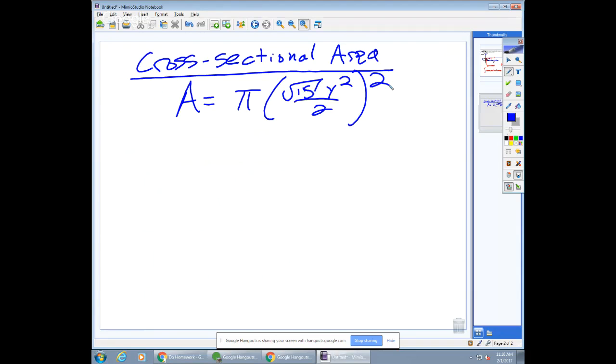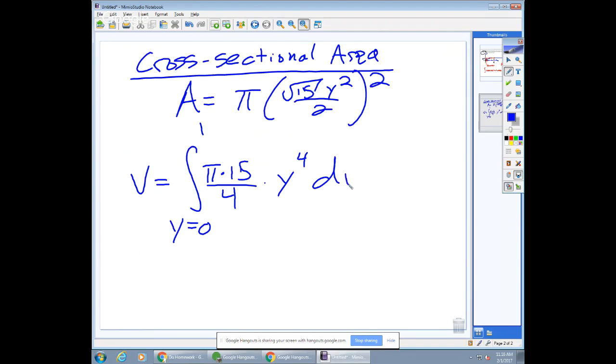So cleaning that up, our volume should be the integral as y goes from 0 to 1. And we're going to have some constants there, right? We're going to have square root of 15 squared. We got our pi. We got a 2 squared, which is 4. And now we have a y to the 4th power. So that should be the integral that's going to give me my volume.